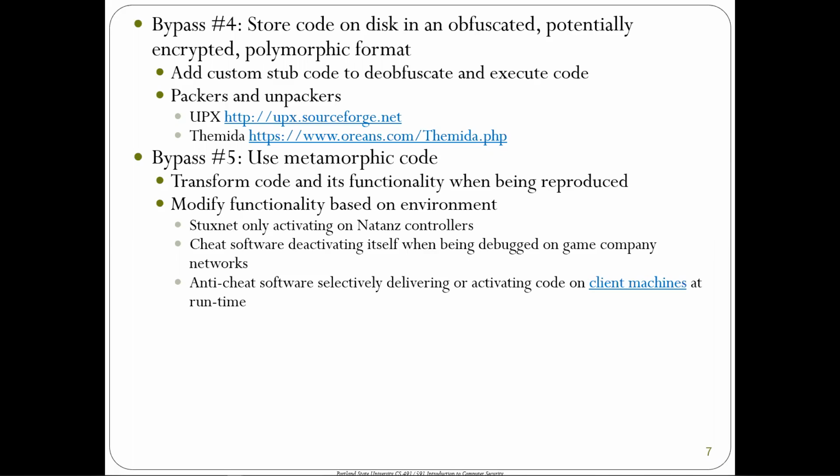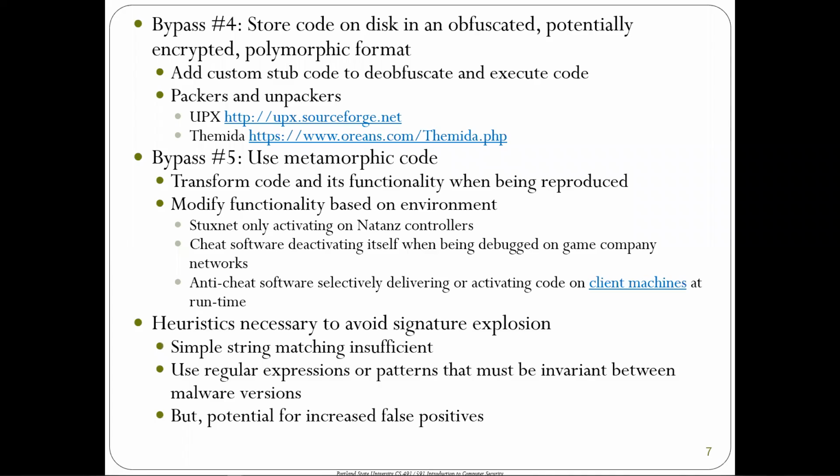Okay. So one of the things that this should hopefully drive home to you is that you're going to need to do some kind of heuristics to avoid signature explosion. What you're going to have to do is look for invariants across your malware samples, and then use those invariants as part of your signature, and not just a straight up SHA-256 hash of the malware itself.